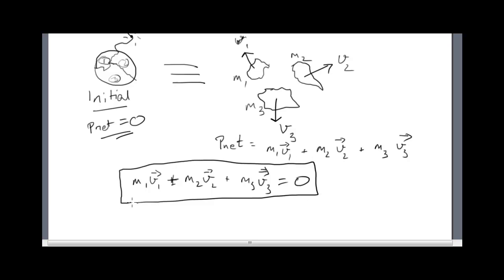But we know that based on vector algebra, this can only be equal to 0 when the vectors have a large angle between them, such that the cosine of at least one or two of them becomes negative, so that the net resultant is 0. Which is why an exploding bomb is always split into parts that move in different directions.